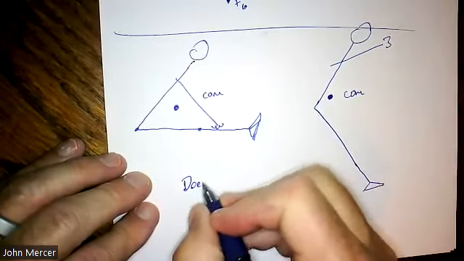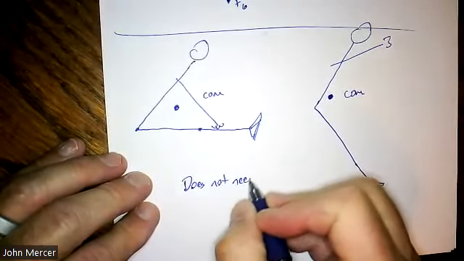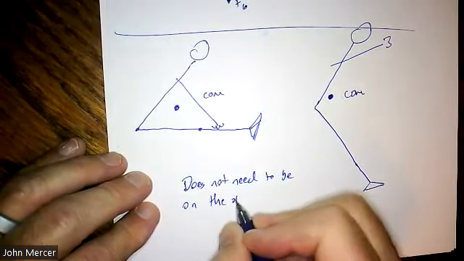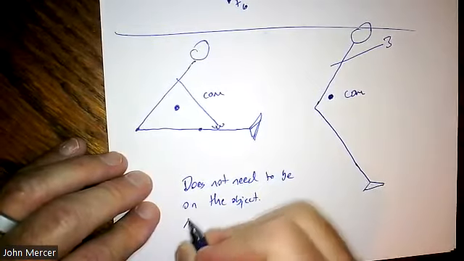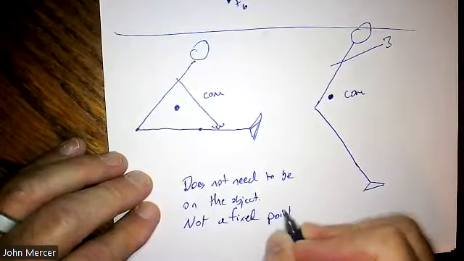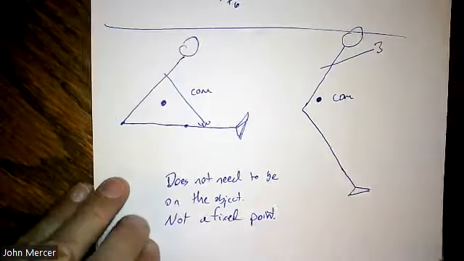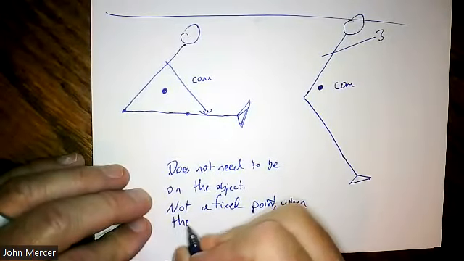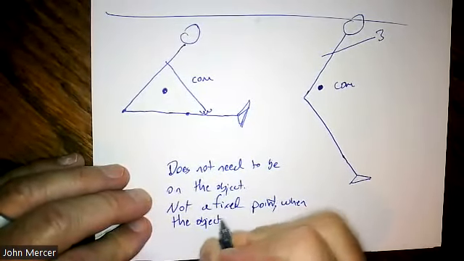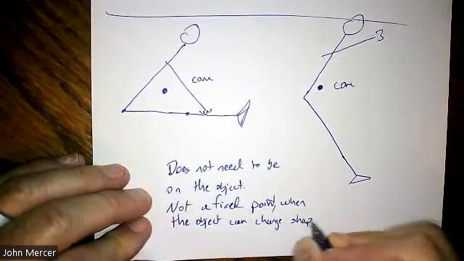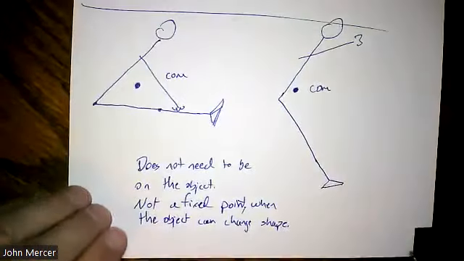It does not need to be on the object, and it is not a fixed point when the object can change shape. Okay, let's keep going on this.